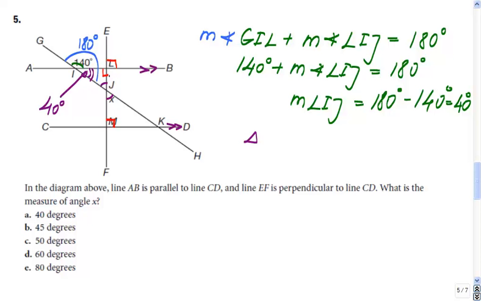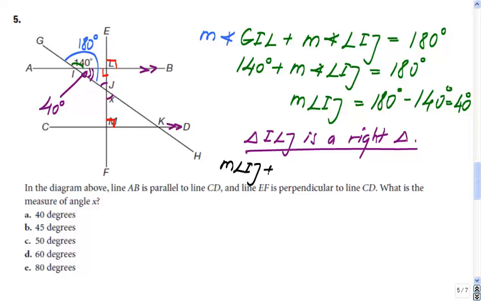But triangle ILJ is a right triangle. Knowing that, we know that the measure of angle LIJ plus the measure of angle LJI should be equal to 90 degrees.